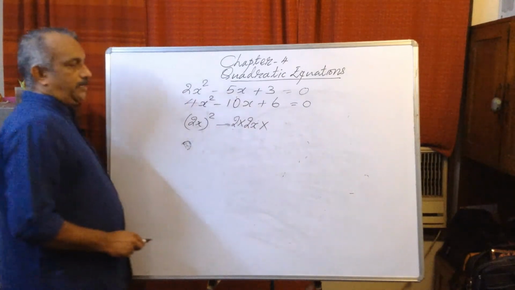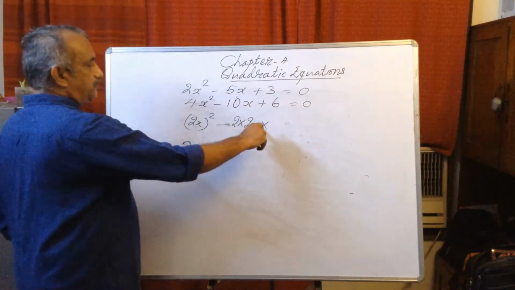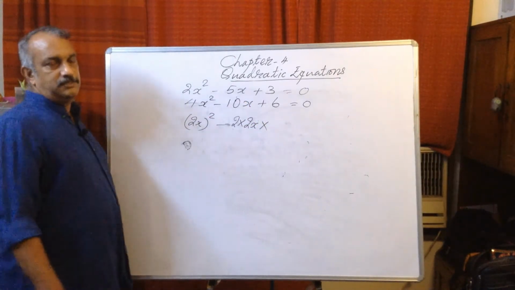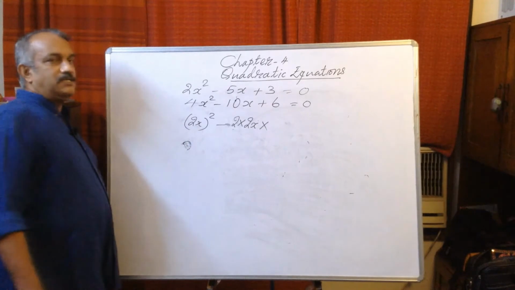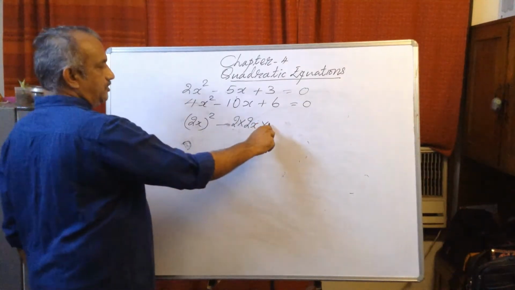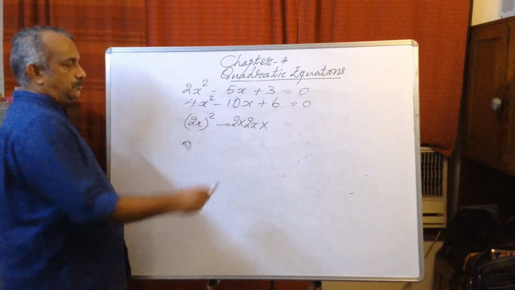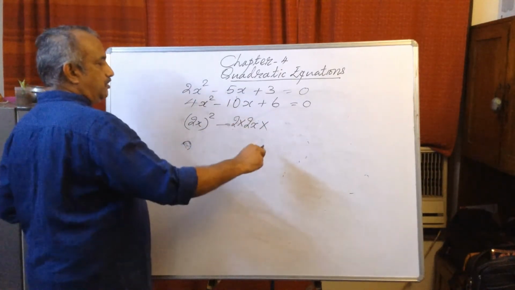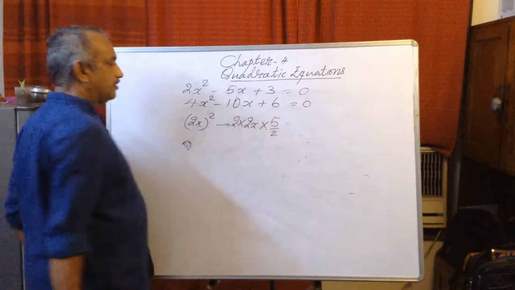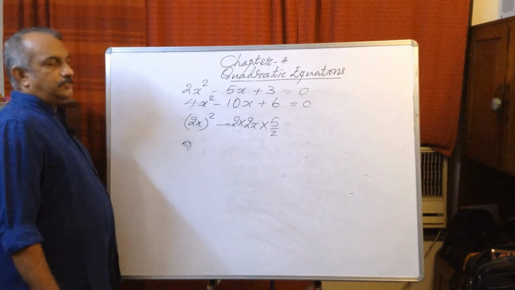This is the only point where there can be confusion. You have to find out what should be here so that we get minus 10x. 2ab should be minus 10x. So what should b be so that we can get minus 10x? So 5 should come and 2 should go. So I am writing 5 upon 2. See, 2 and 2 get cancelled and we get minus 10x only.